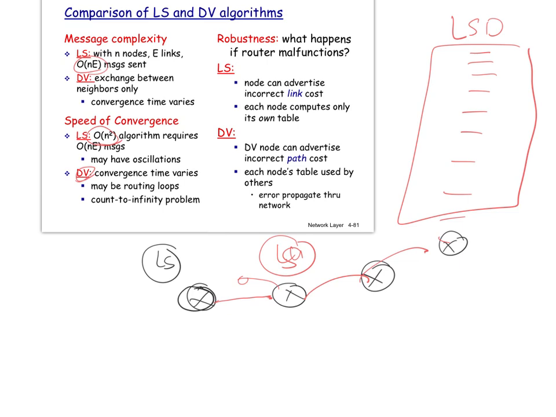Okay, another important feature is what happens if a router malfunctions? A router malfunctions, what does that mean? A router will report a wrong cost about a link. So we need to know which type of algorithms will be more resistive to this type of error. Okay?